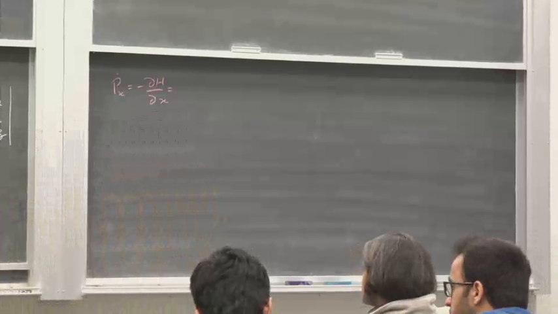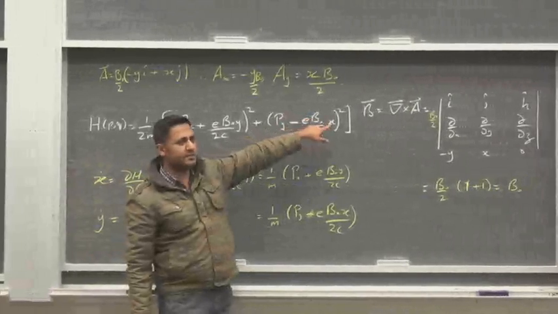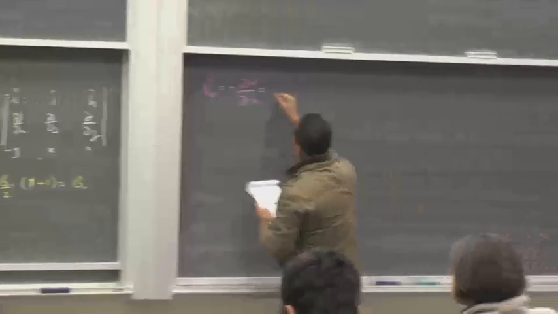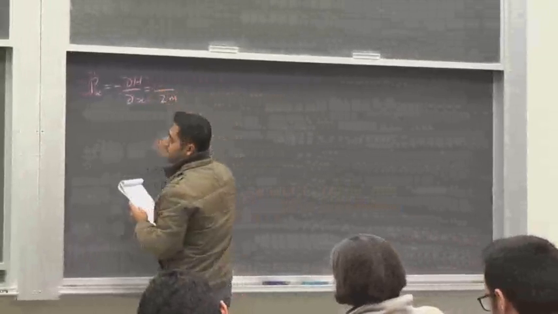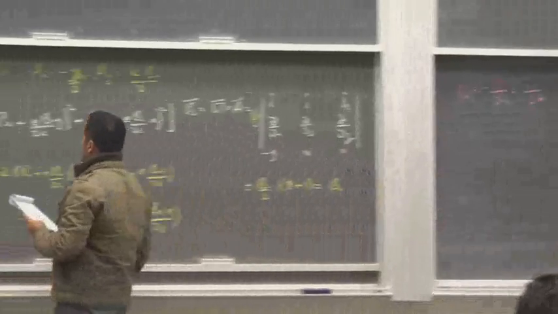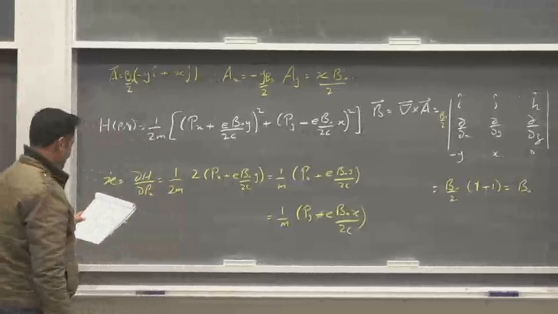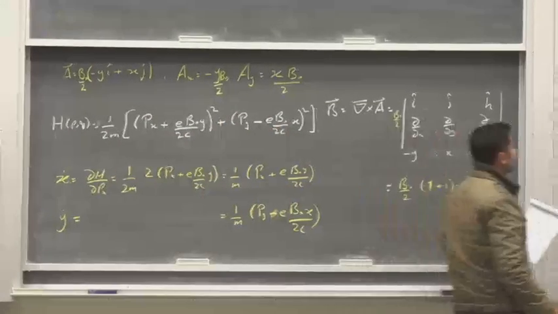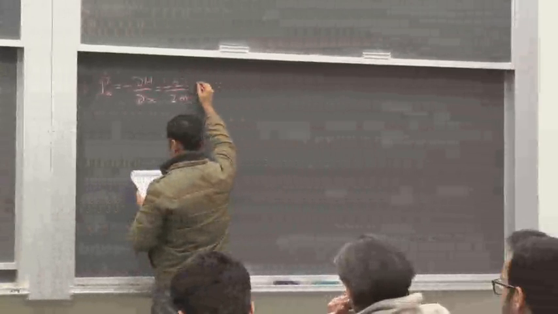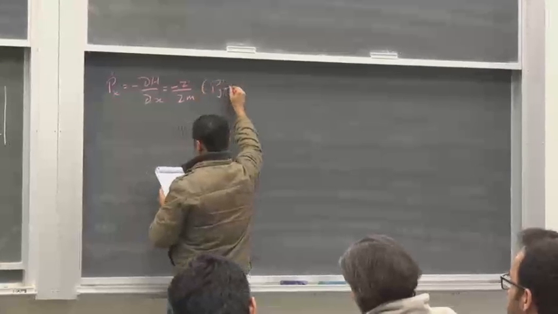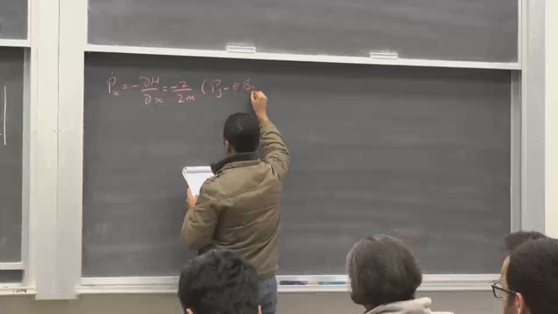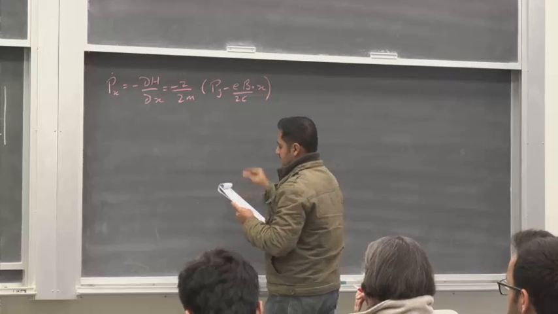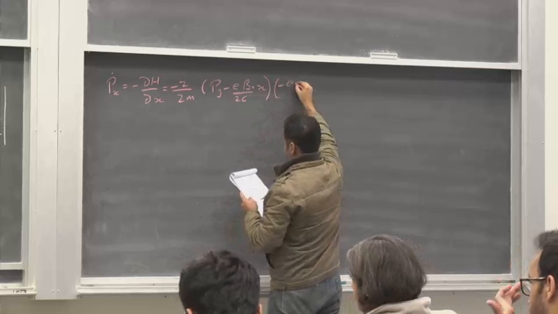Now only this guy is depending on x, explicit x dependence, so I get 2m, and I have minus from the formula and the 2 from there. Py minus e v naught over 2c x, and then differentiating with respect to x.